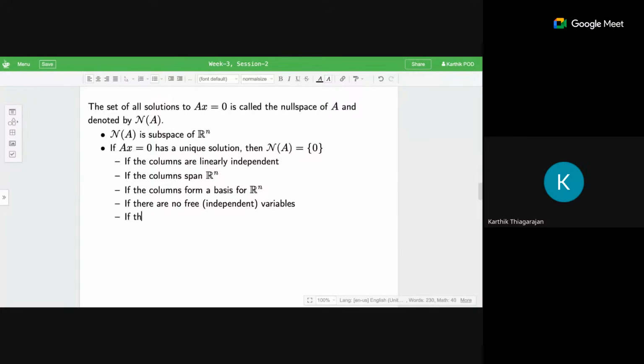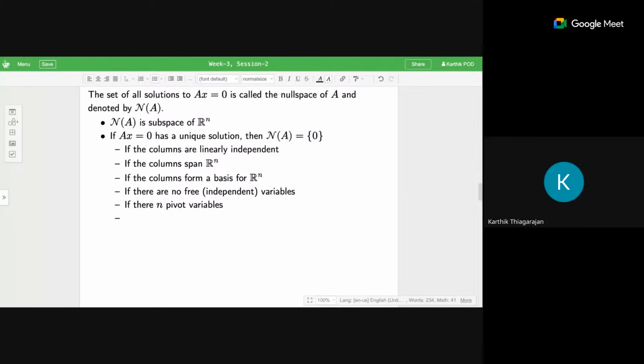You can also write this as: if there are n pivot variables, in the case of an n cross n matrix. So there is some property of the matrix which will allow this to happen. Rank is equal to the number of columns n; the matrix A has full column rank, right? If the matrix in particular is square, n cross n, what can you say in addition to all of this?